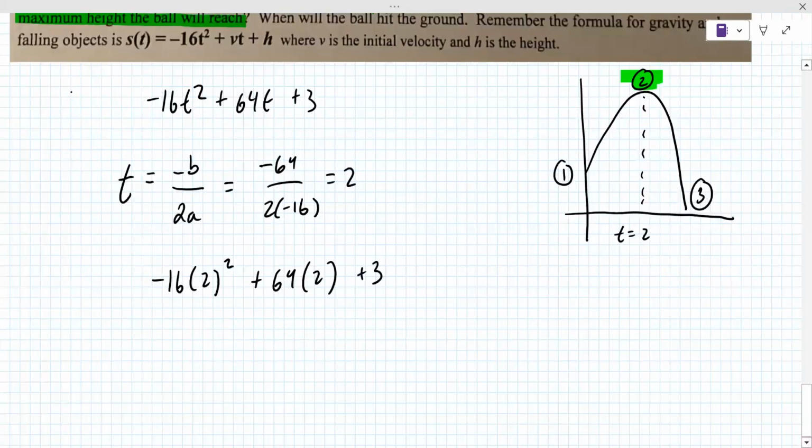All right, it's just again a small thing. 2 squared is 4. 4 times minus 16 is minus 64. Not sure if you're entering all this in at once. You can go to that Desmos Scientific and put it all in at one time. It's not that large. It's 67.